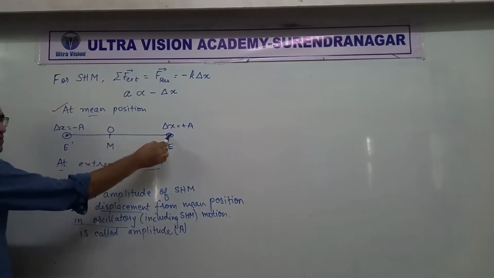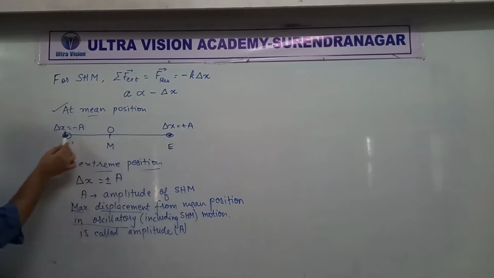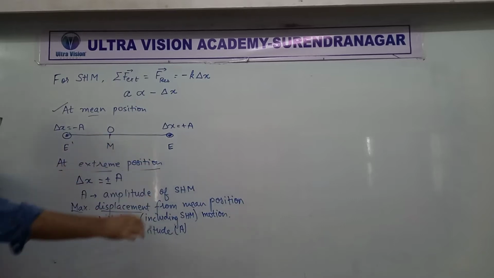So when the particle goes to this end position or extreme position, the displacement is plus A. When the particle goes to this end position, the displacement is minus A. Everything over here clear?